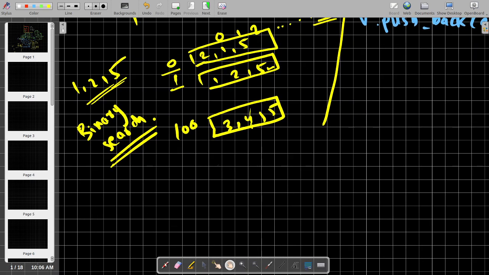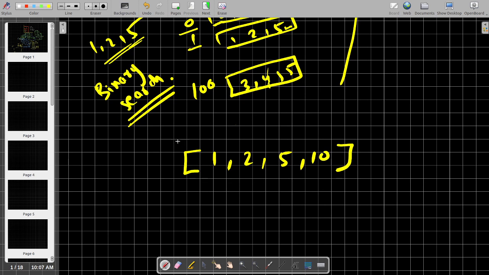Let's say you are given an array 1 2 5 10, and these are the x coordinates for a given y coordinate, whatever bucket it is, y equal to 0, y equal to 1. We just have to calculate how many are greater than or equal to the given point's x coordinate.